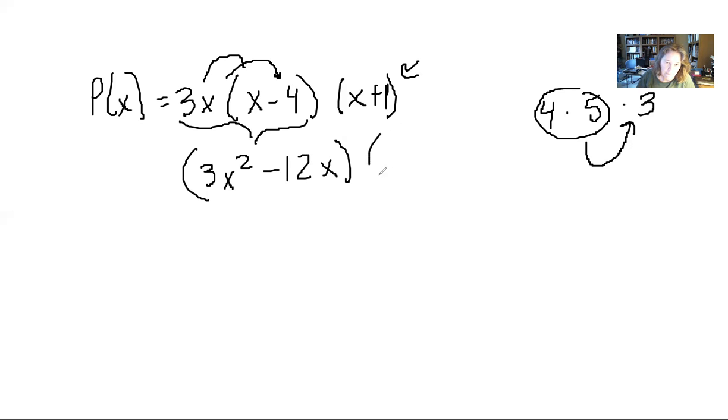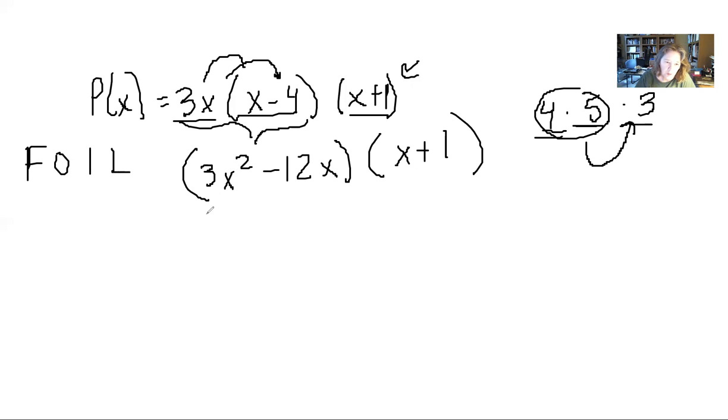And that's kind of like the answer to 4 times 5. So we take our answer for that and we multiply it by the next factor, because we had 1, 2, 3 factors. Just like this is 1, 2, 3 factors. We're combining together to make a single one. And since we have two binomials, FOIL works.